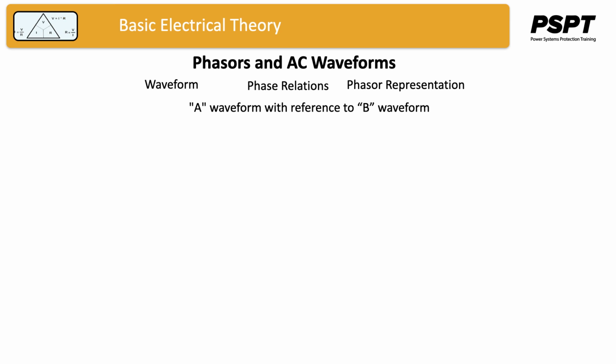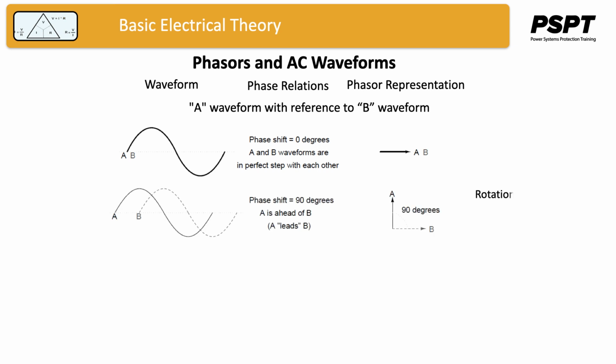If there is a 0 degrees phase shift between these two phasors, A and B are in perfect step. They are in line with each other, so they kind of overlap. If there is a phase shift of 90 degrees, it could be that A is ahead of B, A leads B by 90 degrees, assuming a counterclockwise phase rotation.